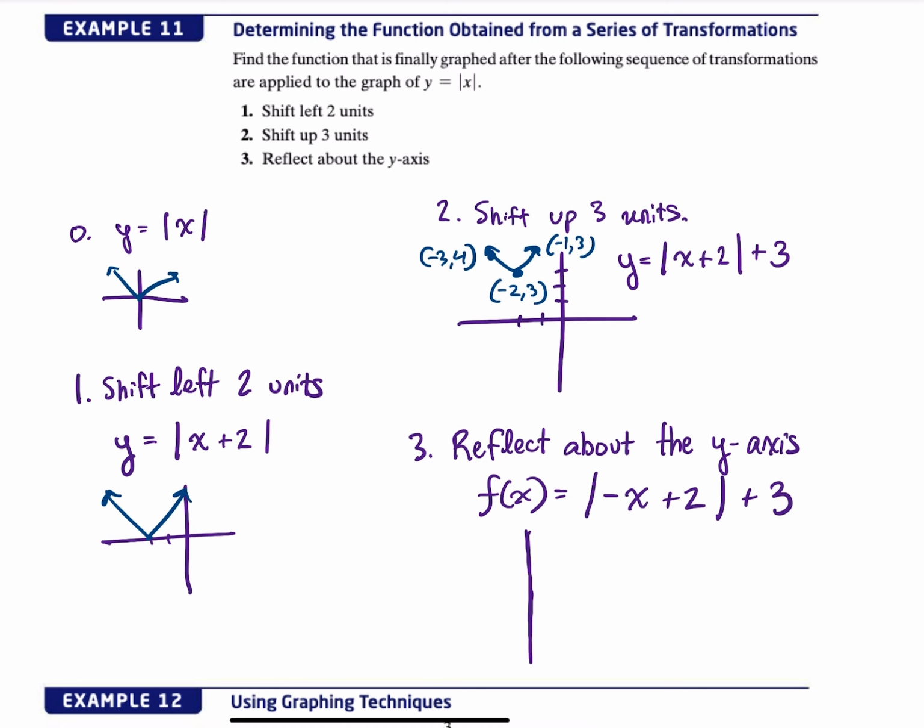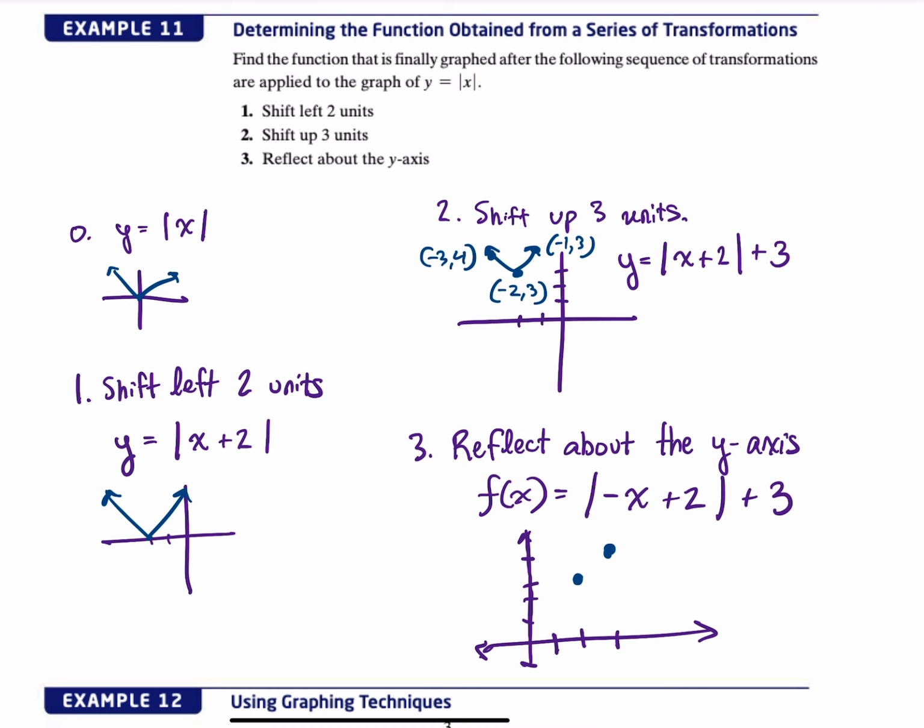So I'm going to take all of those x values and just make them positive. That's what that negative does inside of the function. So instead of -2, +3, I should have +2, +3. That's where the vertex will be. And then instead of -3, +4, I should have +3, +4.